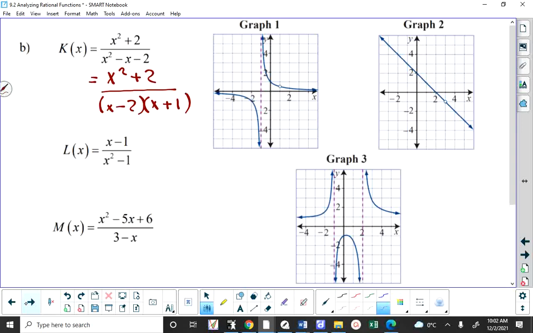I mean, without even looking at where the asymptotes are, we have 2 linear factors in the denominator that do not cancel with anything in the numerator. So we have to have a vertical asymptote at 2, and we have to have one at -1. Graph 3 is the only one that has two vertical asymptotes, but looking at the numbers, they match the non-permissible values. So this is k of x.